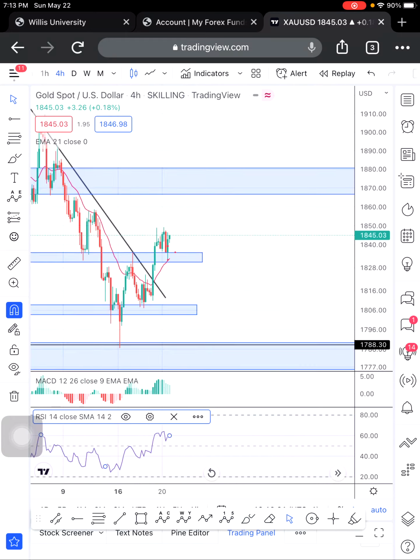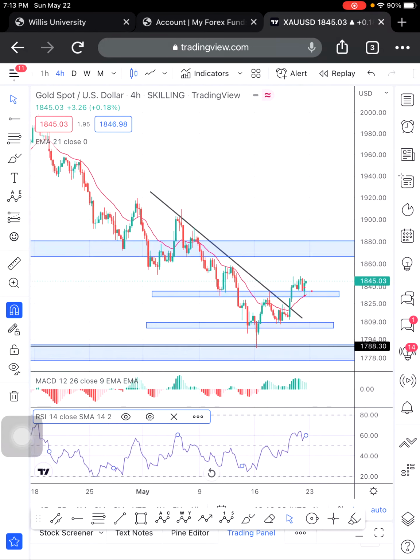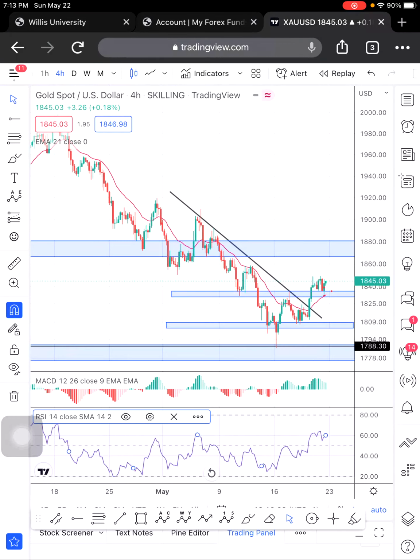Now how do I trade with this RSI? When you have a strategy to take a buy setup or a sell setup, I use this RSI, the overbought and the oversold.